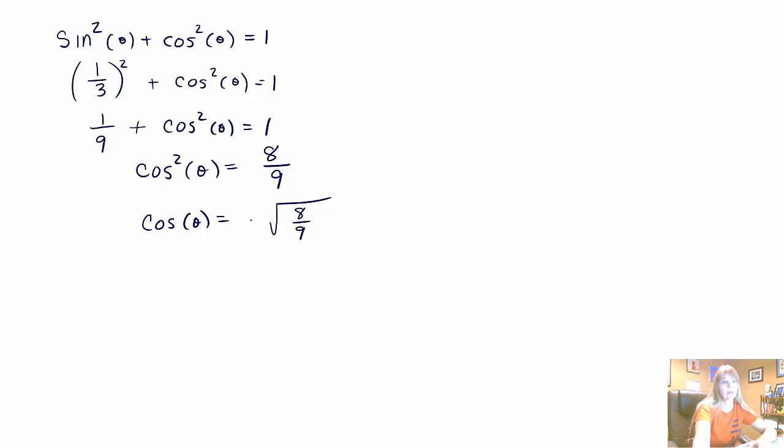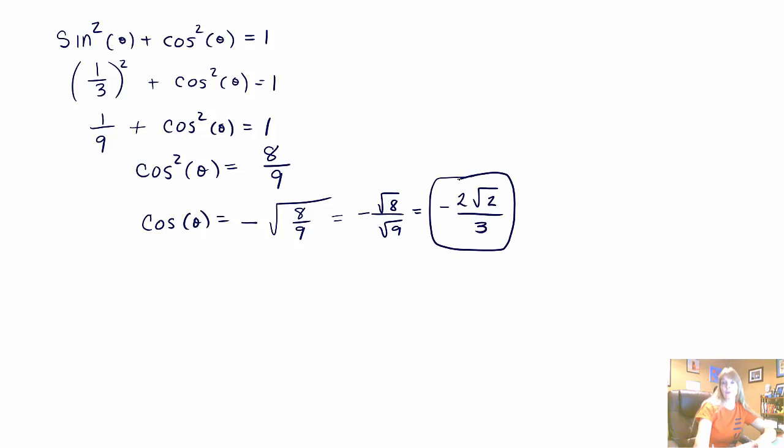They told me the cosine was negative. And then, of course, I can break down the square roots. And I get my 2 square roots of 2 over 3. So I get the same answer. So using the identities is a really nice way to do these.